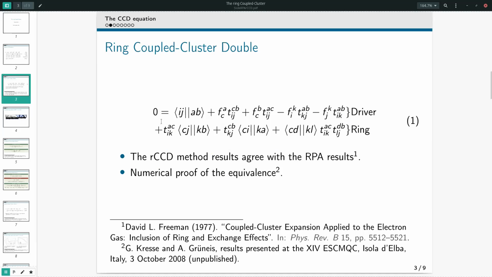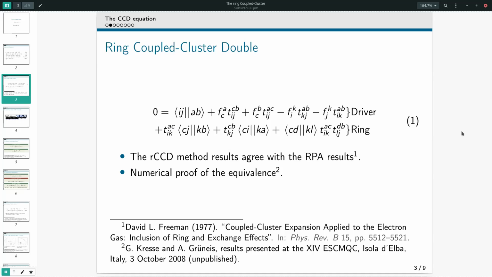So in those two papers, they used the equation from RPA and the equation from ring coupled cluster doubles, and they saw that the numerical results are the same.